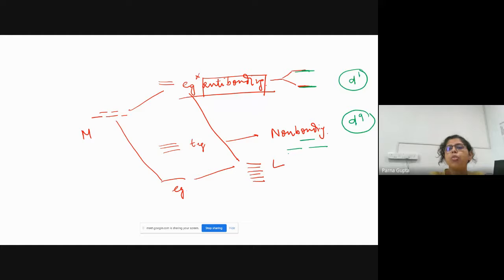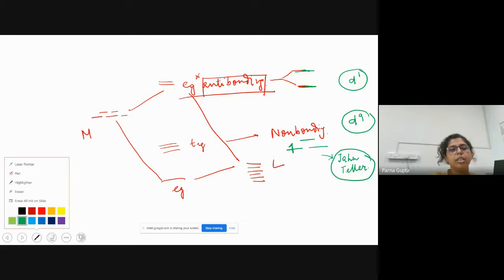If it is a d1 system, then there is only one electron. If there is any z-out or z-in, then it will undergo Jahn-Teller distortion, because this is a d1 system with only one electron. So it will feel this Jahn-Teller distortion.